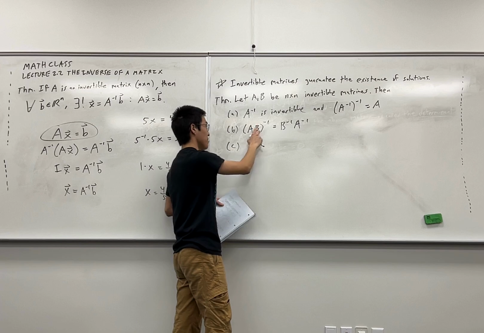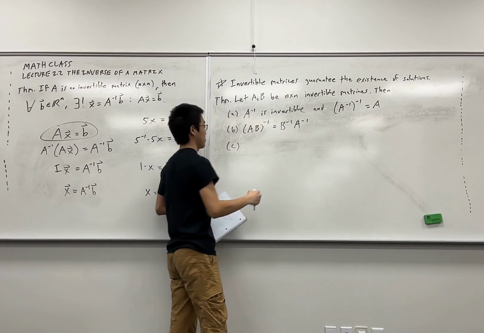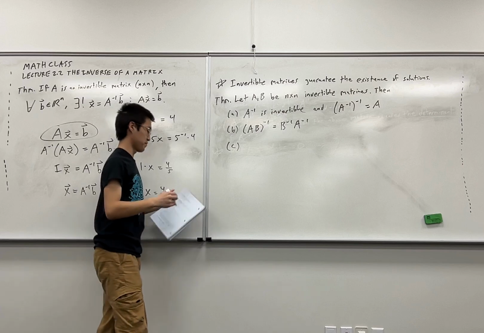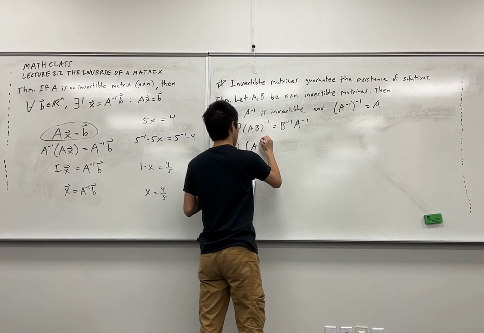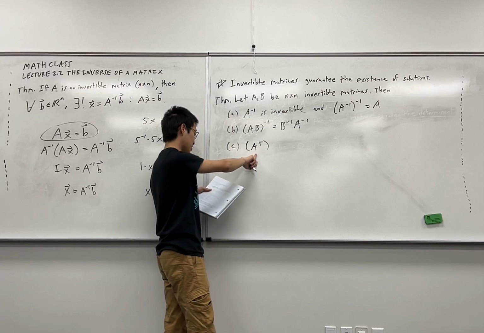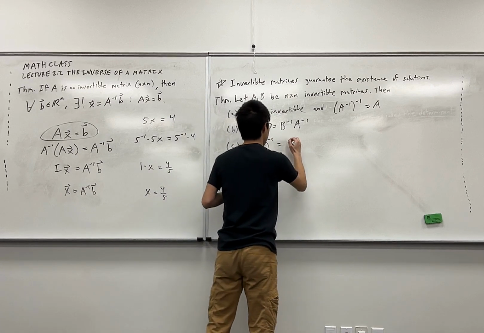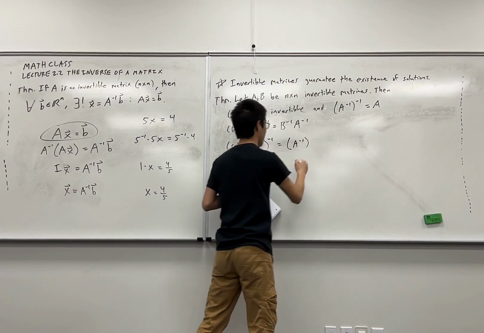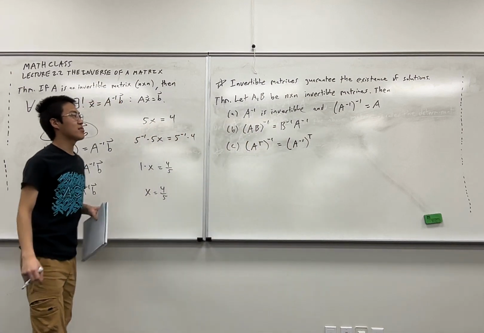If it's AB and I'm taking its inverse, I do B inverse on the left and A inverse on the right. They switch. And then this one's kind of fun: if I take the inverse of the transpose of an invertible matrix, it's the same thing as starting with the inverse of the matrix and taking its transpose. So transpose and inverse have a fun little relationship there.